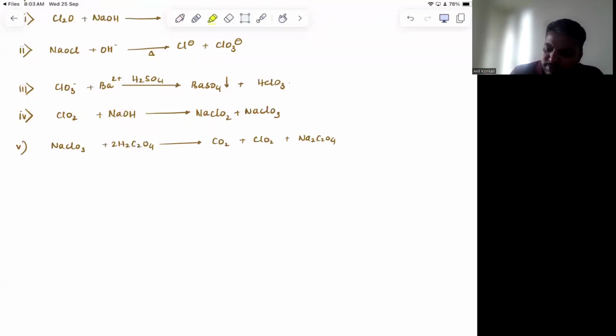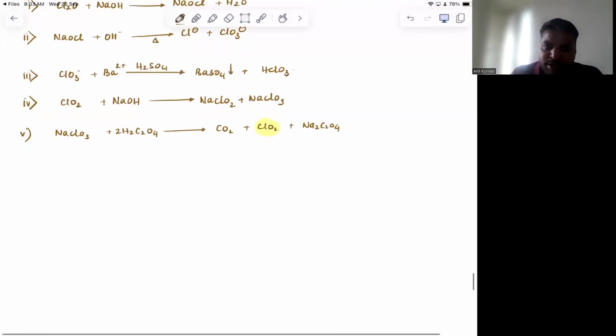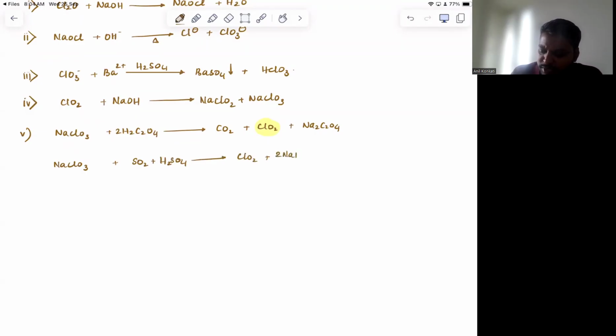This is one way used for preparation of ClO2. Another way is instead of using this, I can also use NaClO3 plus SO2 plus H2SO4. In that case also you will get ClO2 plus 2 moles of NaHSO4.